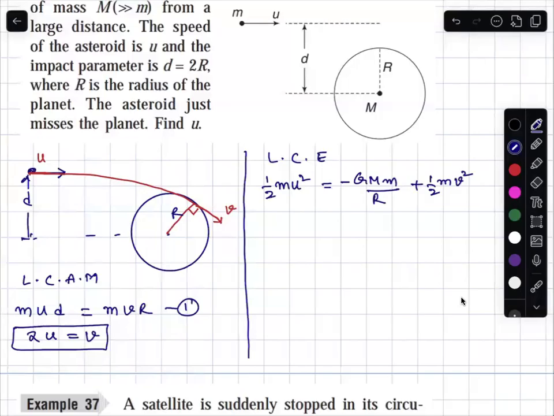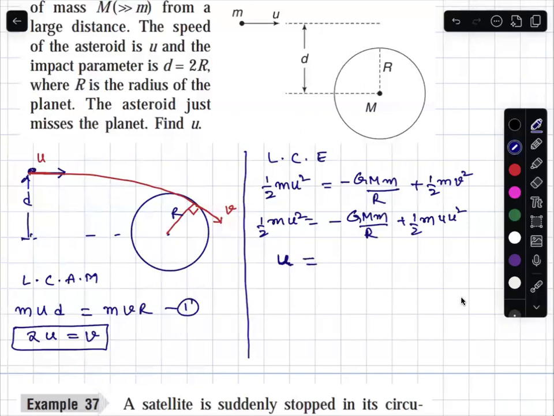In this case, half m u square is minus G capital M small m by R plus half m v square, which can be written as 4u square. So by proper adjustment, you will get u straight away from this.